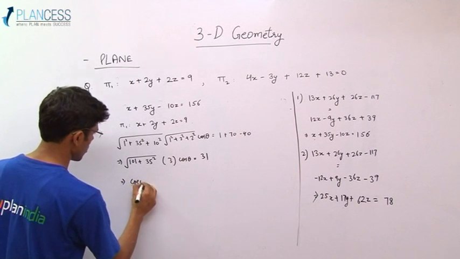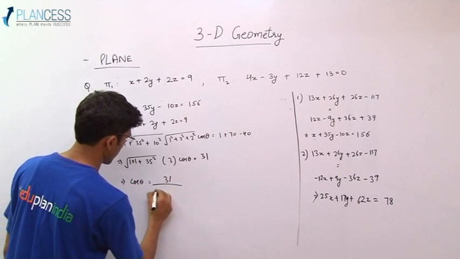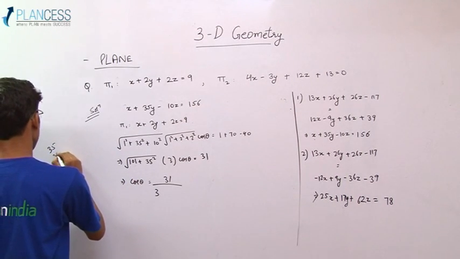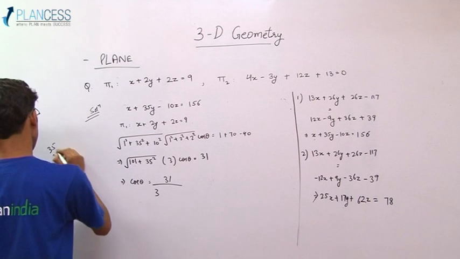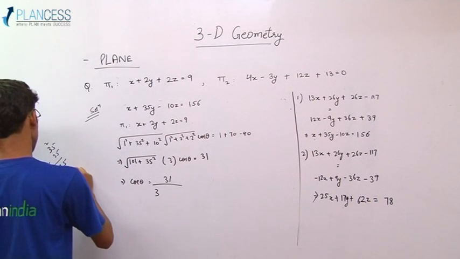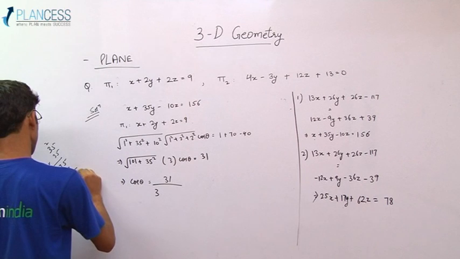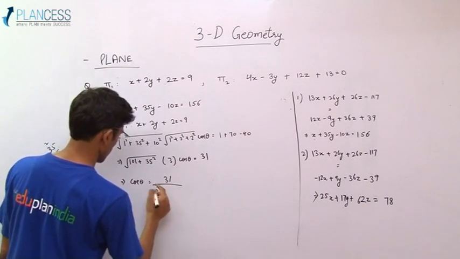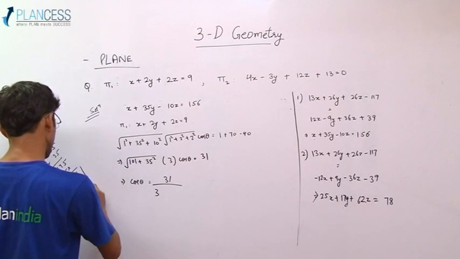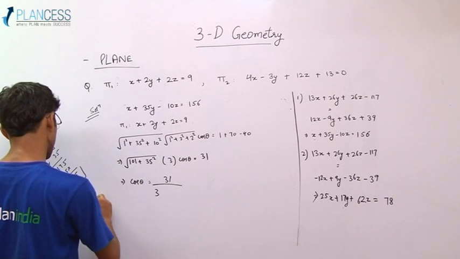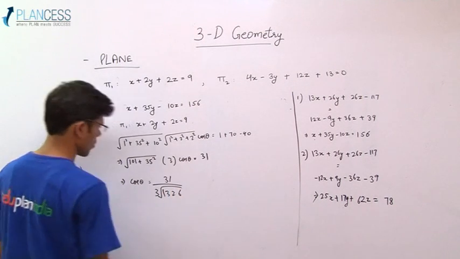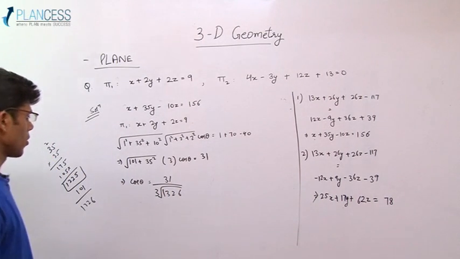Let's find 35 square, that is 1225. Okay, so this is the cos theta.